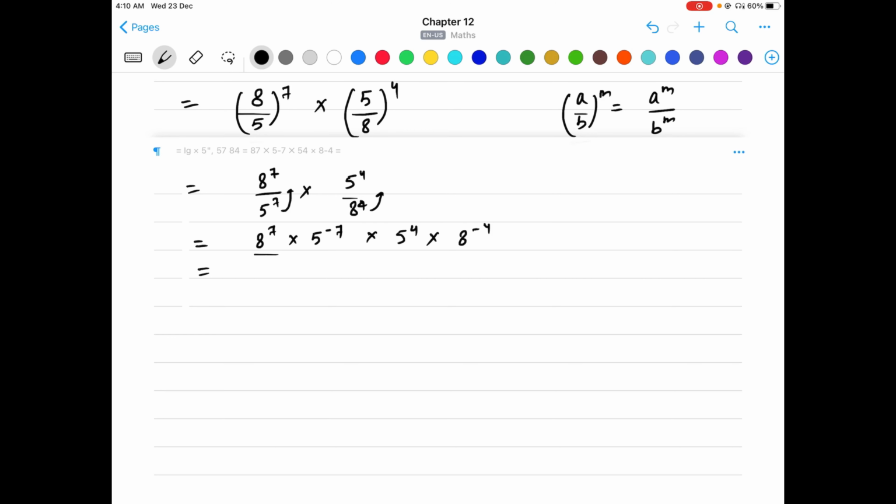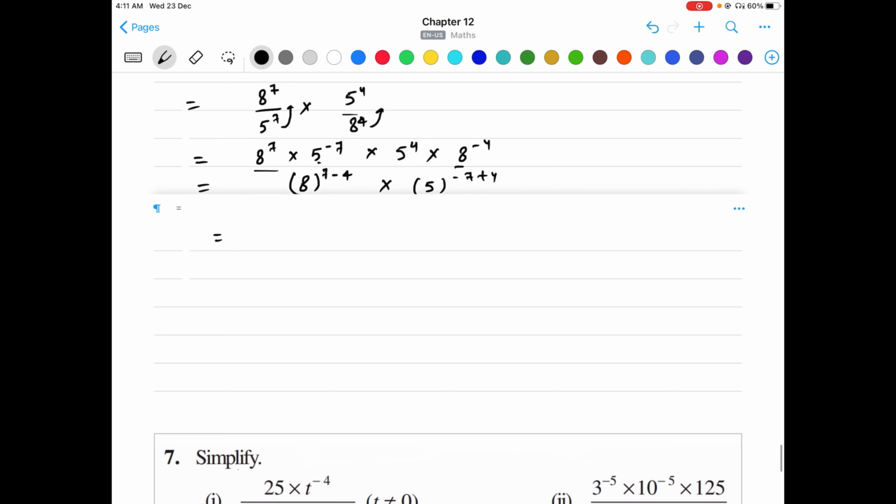Now we are going to add the powers of the same base numbers. Since the base numbers 8 and 8 are same, its power will be added. So we have 8 with power 7 minus 4, multiplied to 5, having the powers added, that is 5 power minus 7 plus 4.